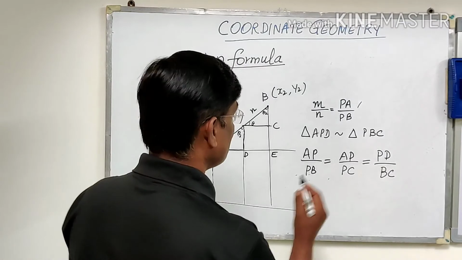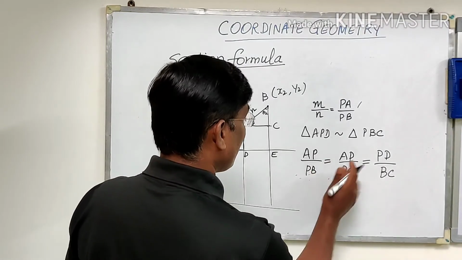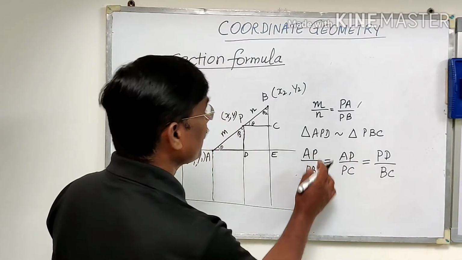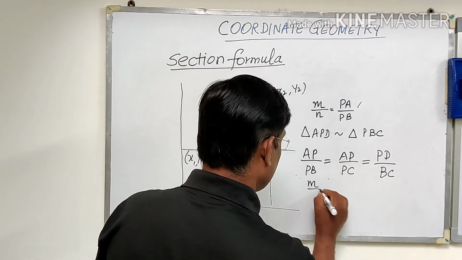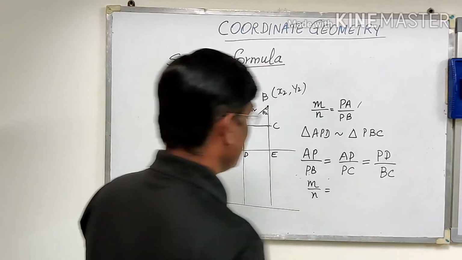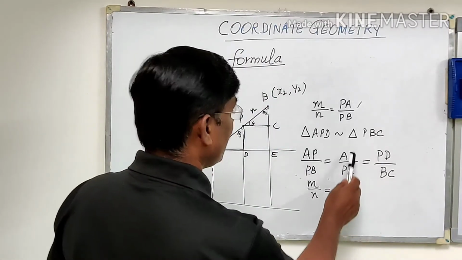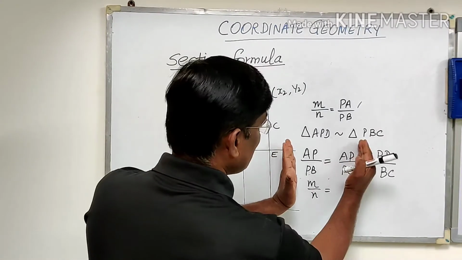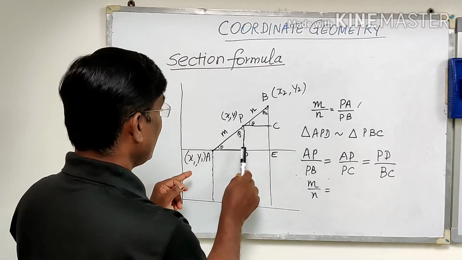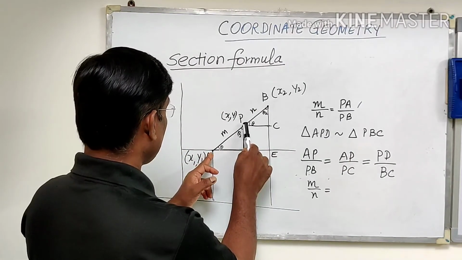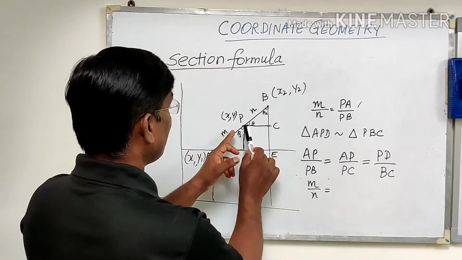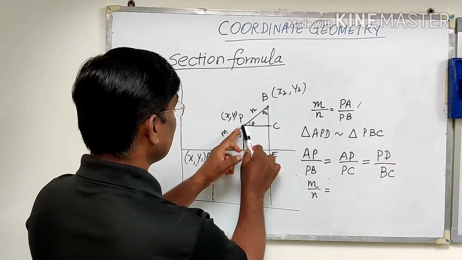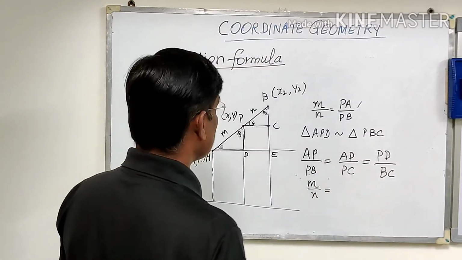Now AP by BP is nothing but M by N. This is M by N, is equal to AD and PC. Let us take first this ratio.